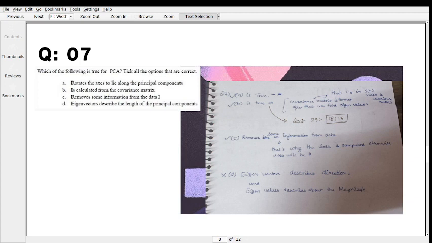Yes, some of the information about the data is being lost. It doesn't remove, it actually gets lost, because if we are doing compression, then some of the data gets lost. It is a lossy compression, you can say.